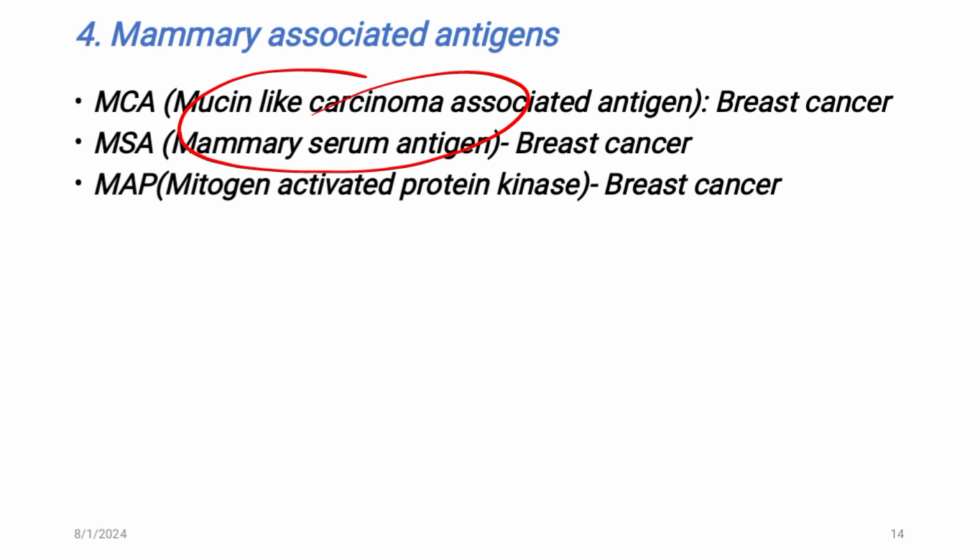As the name indicates, mammary is associated with breast, so these are used for breast cancers. MSA, mammary serum antigen, is also for breast cancer. And MAP, mitogen activated protein kinase, for breast cancer. So there are three tumor markers very specifically associated with mammary associated antigens. Mammary means breast cancer.